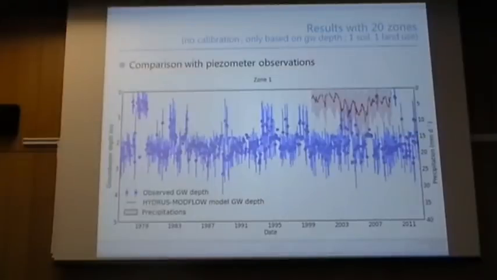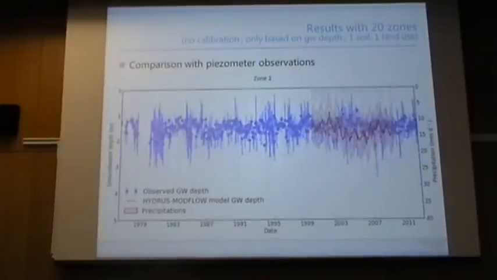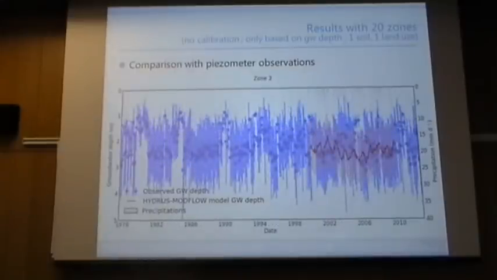Probably zone 1 is too generic, combined with the problem of seepage and the not optimized parameters of the groundwater model. But for zone 2, the correspondence is not too bad, and also for zone 3, the comparison between the simulation and the observation is not too bad.